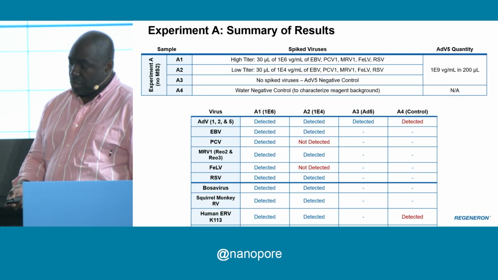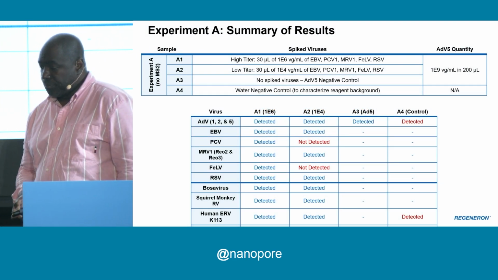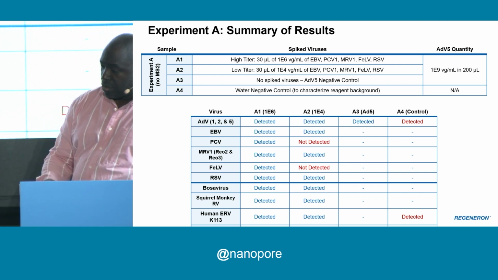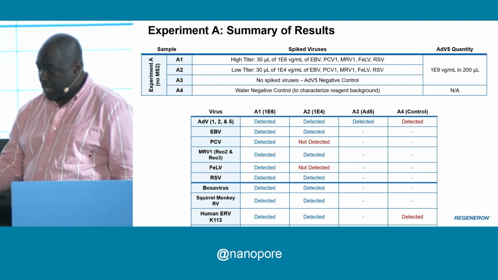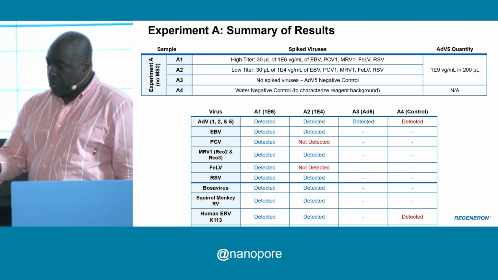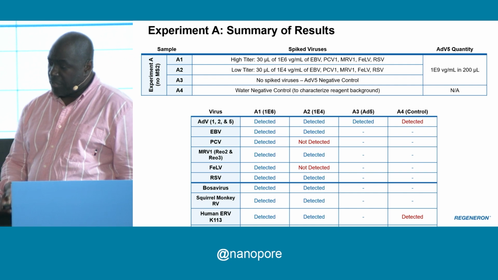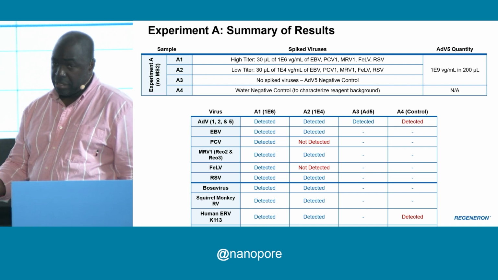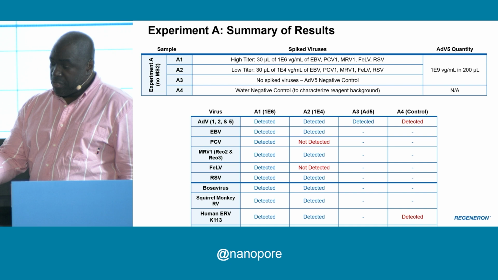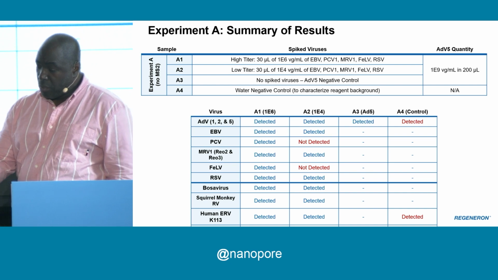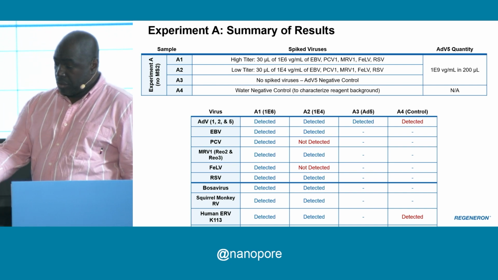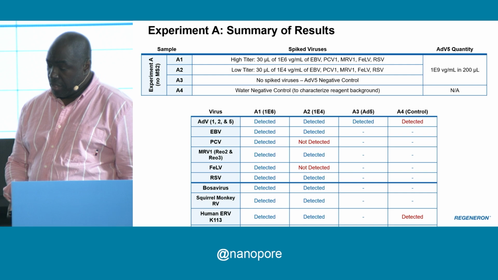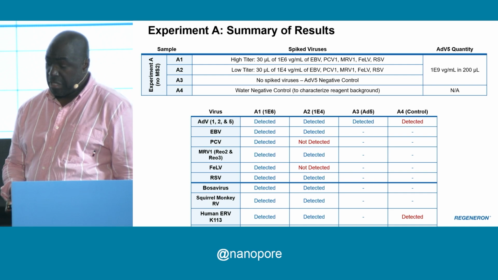So this is the summary of results. This is the summary for sample A, where we didn't spike anything. We were able to detect all the spiked viruses, but there were some additional viruses that we found: Bosa virus, squirrel monkey virus, and human ERV K113.